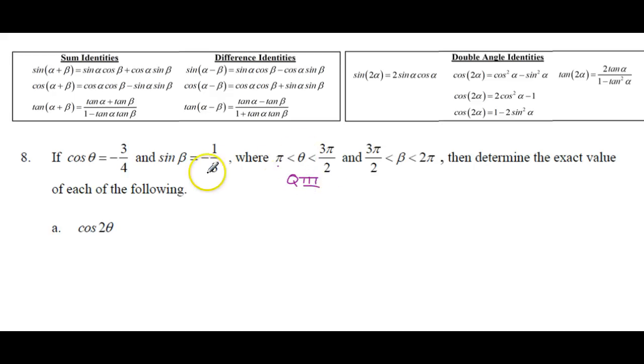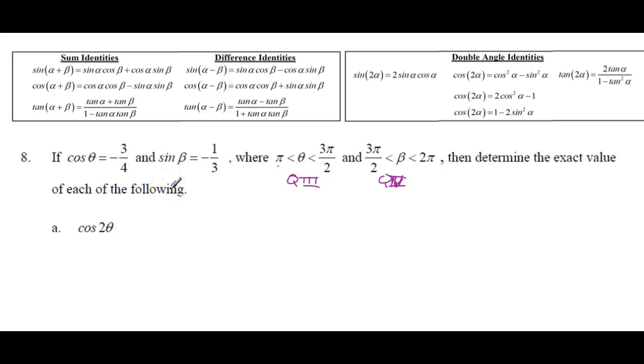So theta is a quadrant 3 angle, and beta is between 3 pi over 2 and 2 pi, aka quadrant 4. That's really ugly. Then determine the exact value of each of the following.